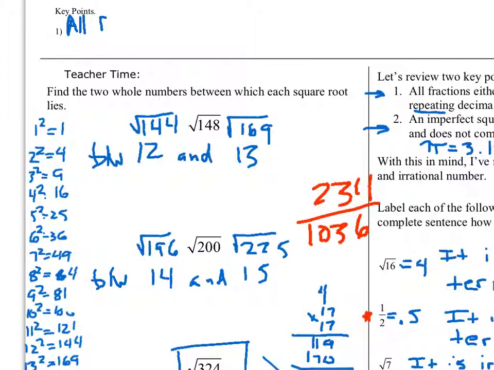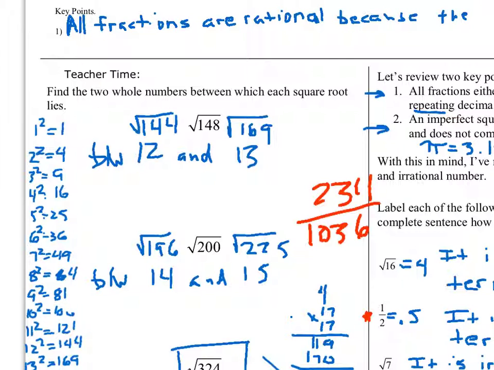He says all fractions either terminate or repeat. And what type of number does that make them, Isaiah? That makes it rational. Rational. So all fractions are rational because they terminate or repeat.